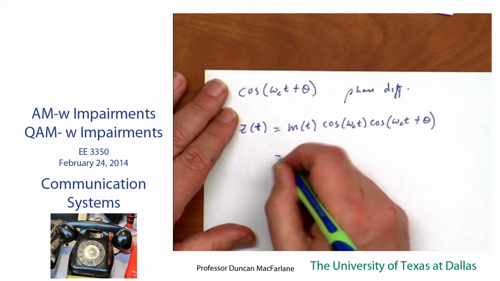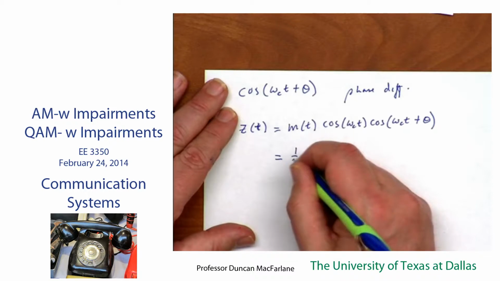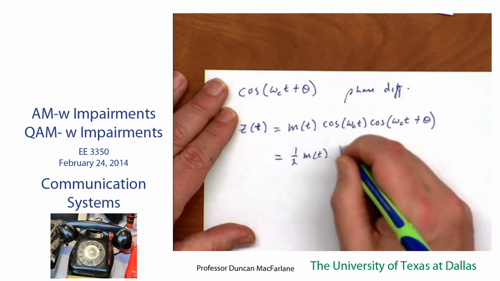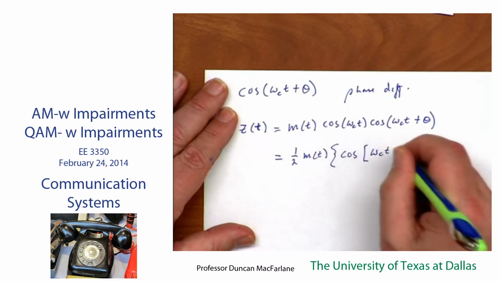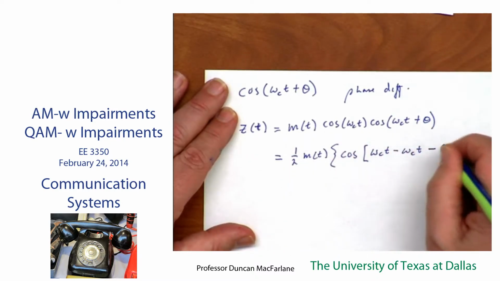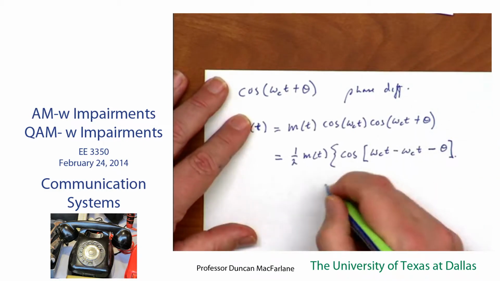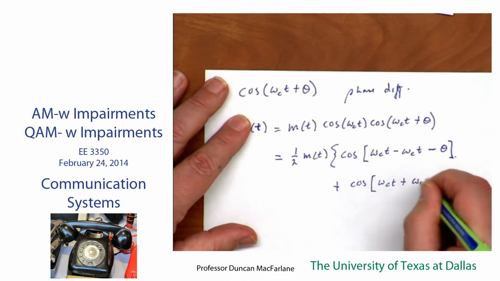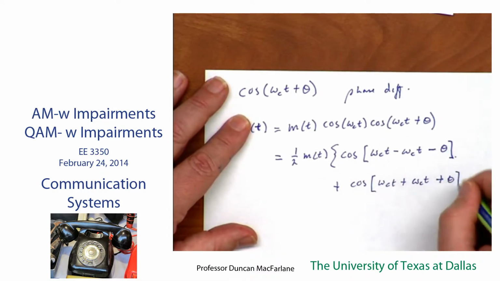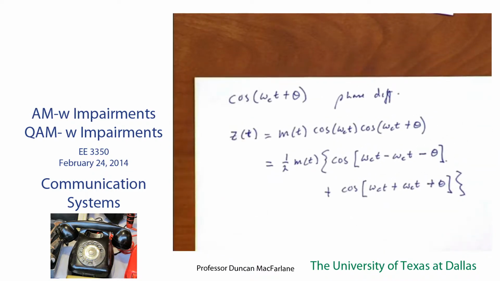And again, if I use my trig identities, cosine A cosine B is equal to one half of cosine A minus B plus cosine A plus B. So trig identities from there to there.